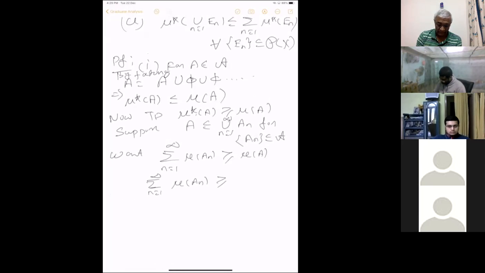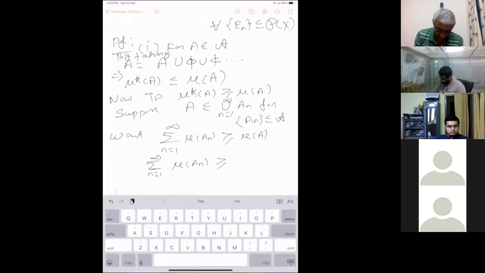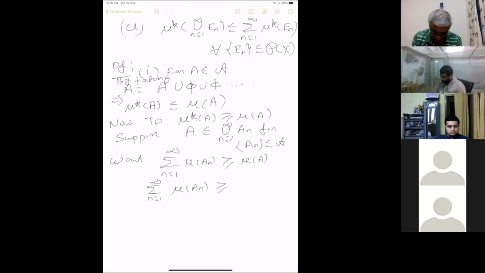See, all this An contains A intersection An, of course. So because of that, mu of An, we have already proved this monotonicity, is greater than or equal to mu of A intersection An.